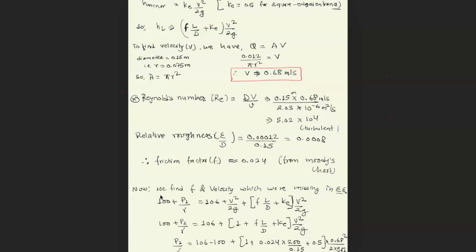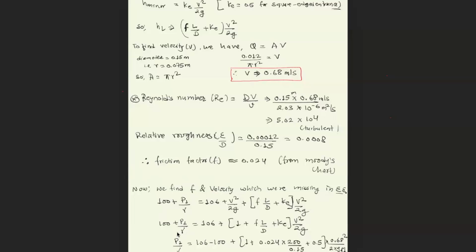Now we already have the friction factor, and we computed velocity. So we just put everything in the previous equation. This gives us this form, and let us rearrange the numbers so computation will be easier.